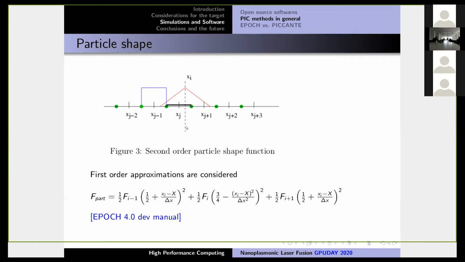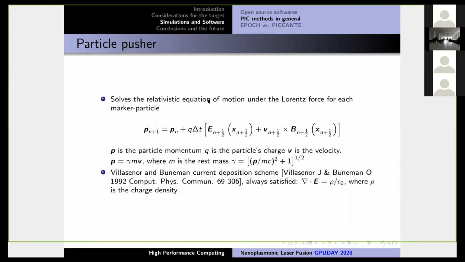And then also there is a particle shape, because we know the marker particles are not particles, they are representing many, for example, many electrons.